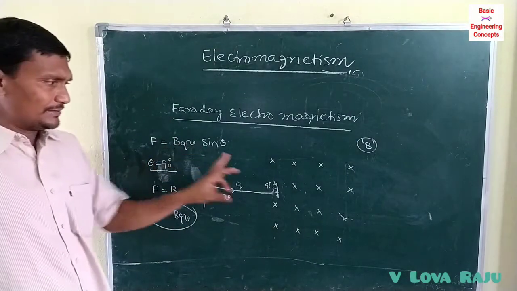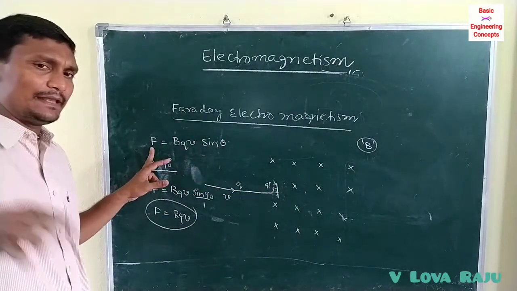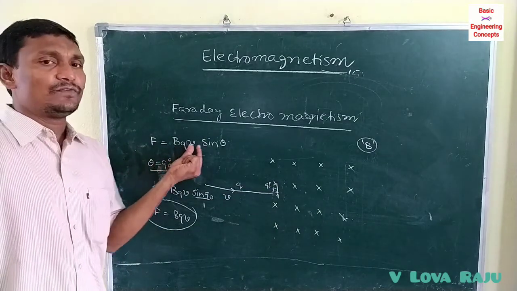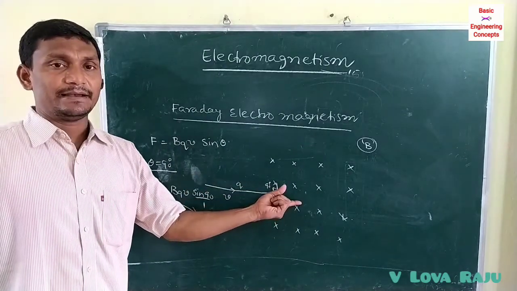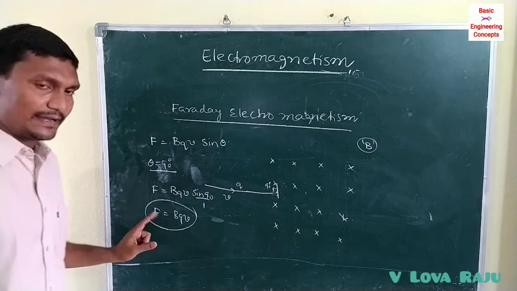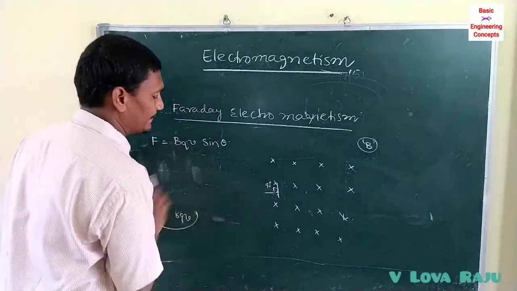When the charge is subjected to the uniform magnetic field at a certain angle, the force experienced is BQV sin theta.